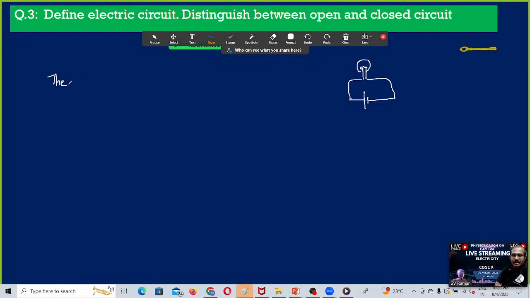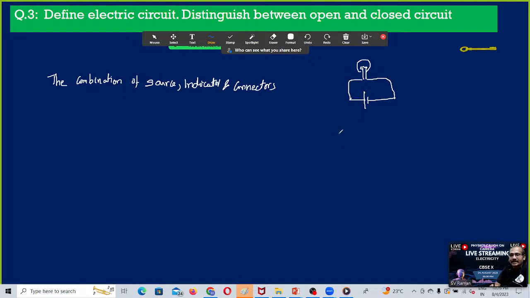The combination of source, indicator and connectors. This is a simple circuit or electric circuit. Define open circuit and closed circuit.